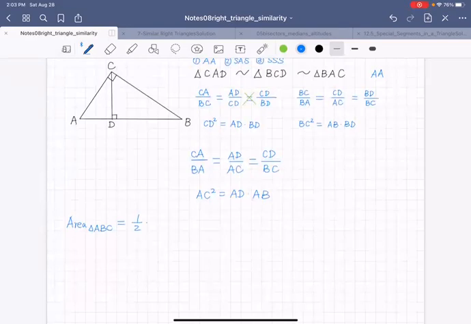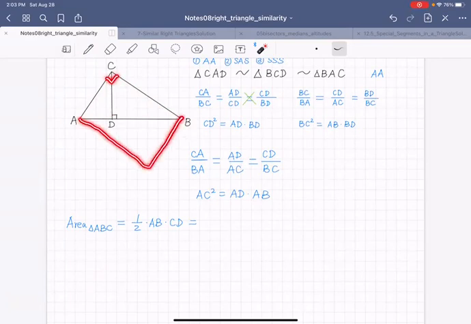AB. AB times CD. In this right triangle, you can also draw this rectangle in this way.